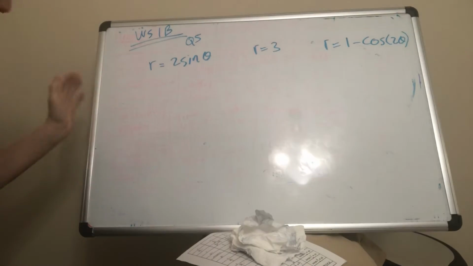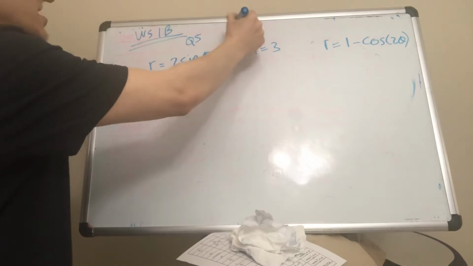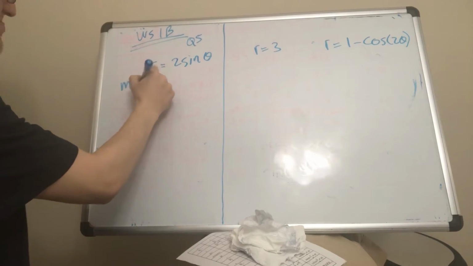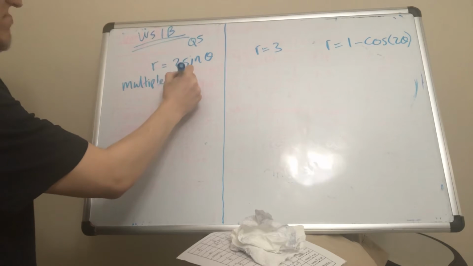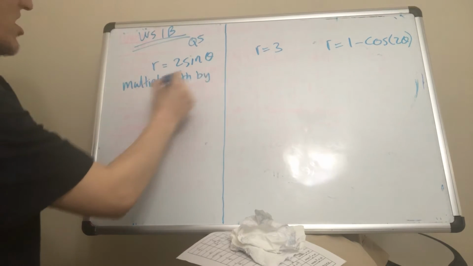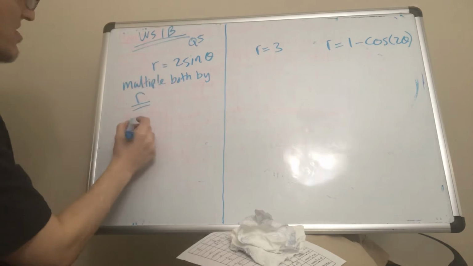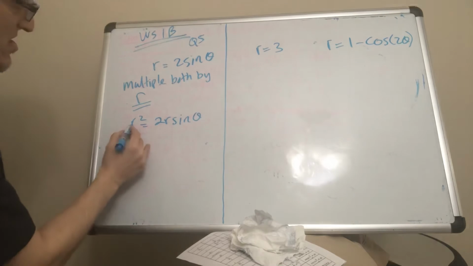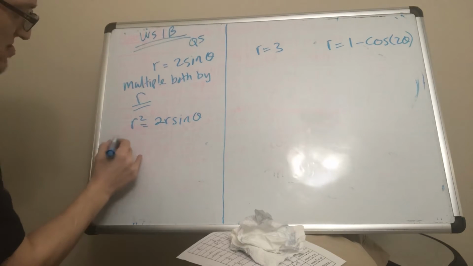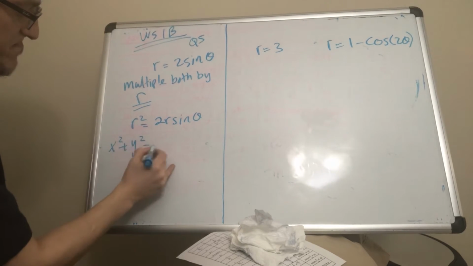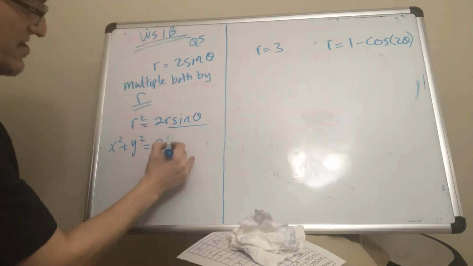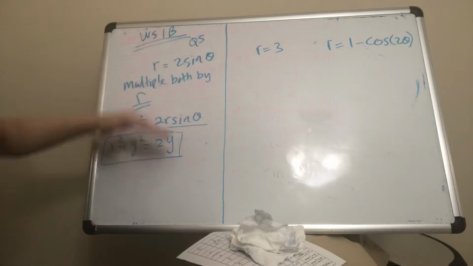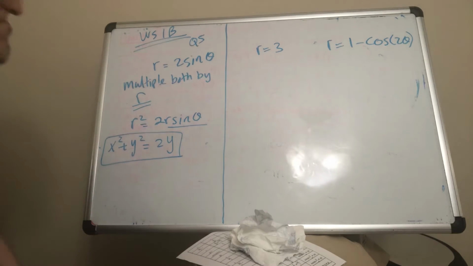Let's start with the first one. For the first one, if I multiply both sides by r, I get r squared equals 2r sine theta. Now, r squared is x squared plus y squared, and r sine theta is y. That's the idea, to go from r theta to x, y.